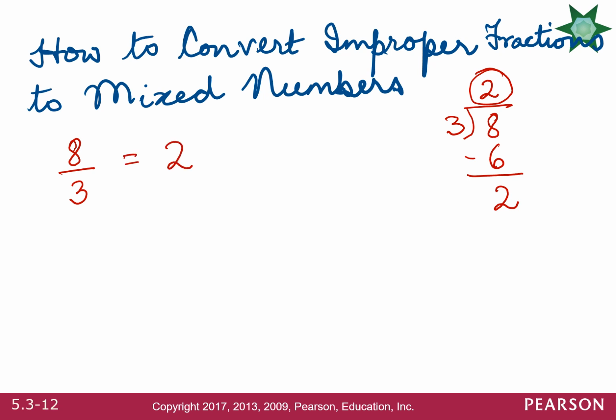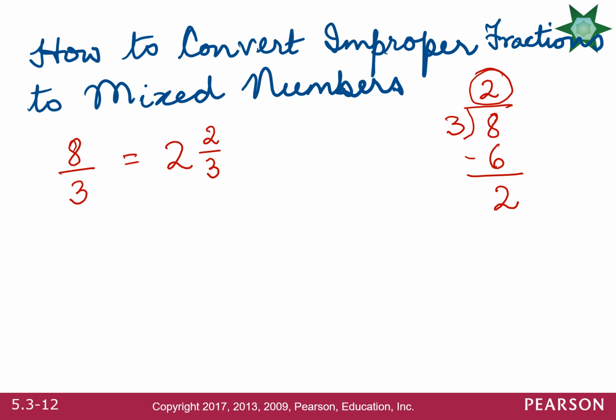And then the fractional part is formed by using the remainder over the divisor. So 2 over 3. So 2 and 2/3 is the answer. 2 and 2 over 3. So we've converted the improper fraction to a mixed value.